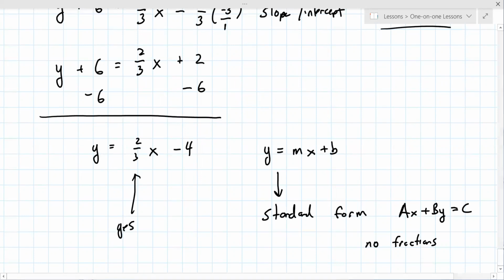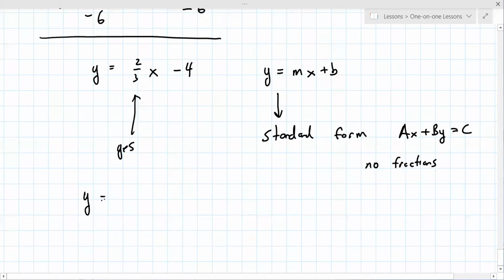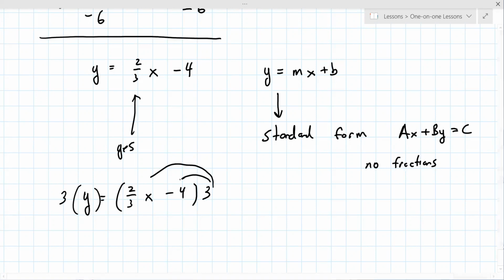How do we get rid of fractions? You have to multiply by the denominator if you only have one. So in this case, we're going to multiply both sides of the equation by 3. When you multiply both sides, again, you want to distribute to both. It's not a choice. I know in some things we do in math, you can just do it to one thing, but here to both.